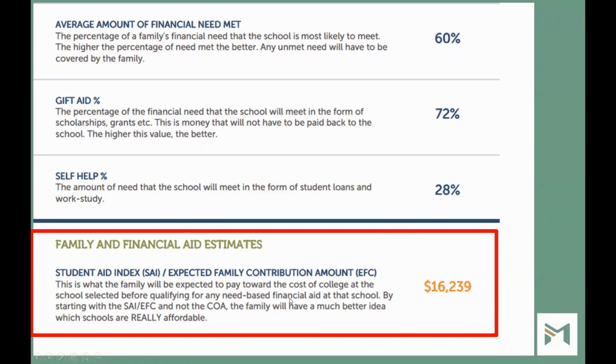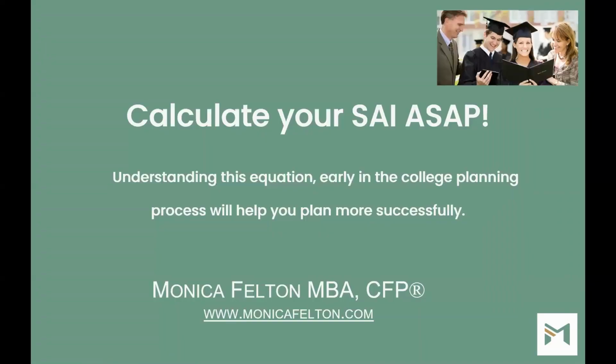So this family who makes $100,000 a year with $50,000 of assets is expected to pay their student aid index $16,239. This comprehensive report also has information on merit awards that would be available to their student here at ASU or whatever school of choice you have.